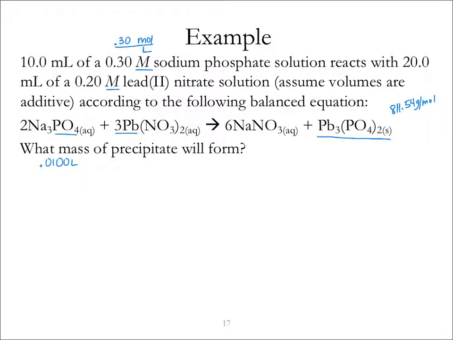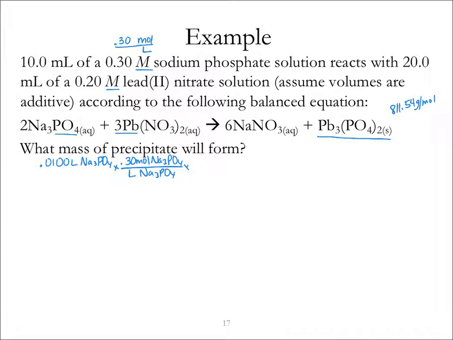And we want to make sure we put the substance as well. Then we want to multiply that by the molarity because we want to get to moles. So now we have moles of the sodium phosphate.